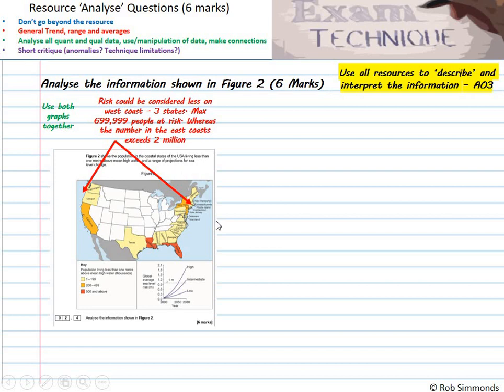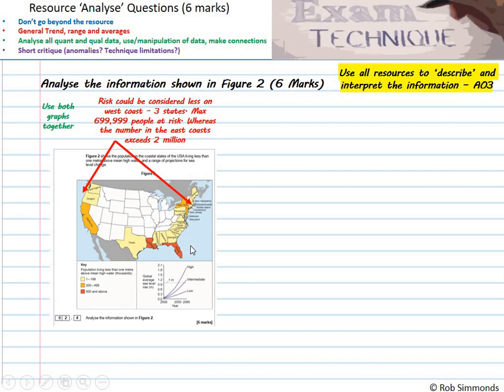Now, I've added up what that could be to give an estimation, so I'm trying to give a range or an average, a bit of a quantifiable figure. And for the 3 states on the west coast, that number cannot exceed 699,000 approximately, whereas on the east coast it exceeds 2 million.